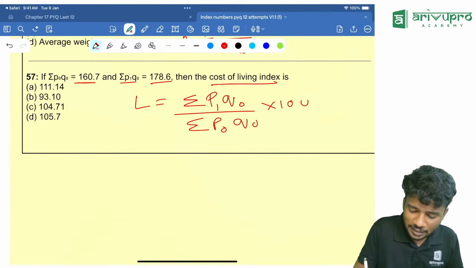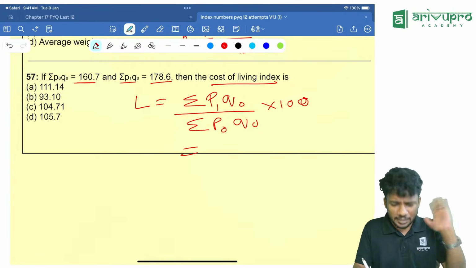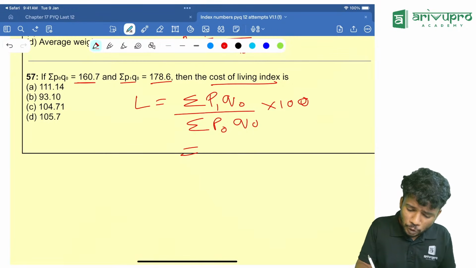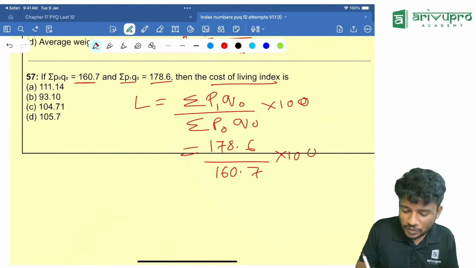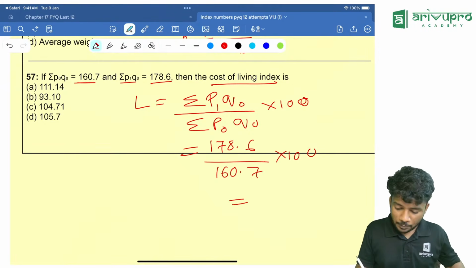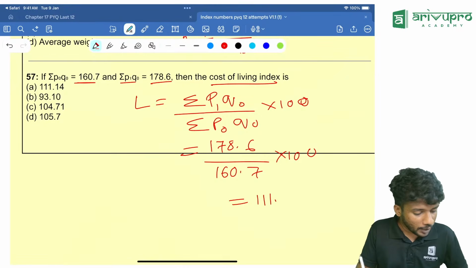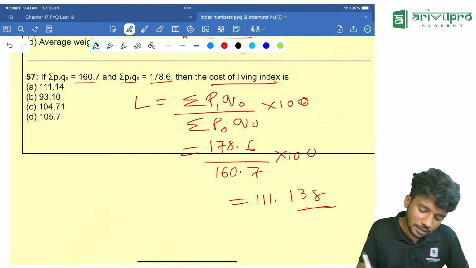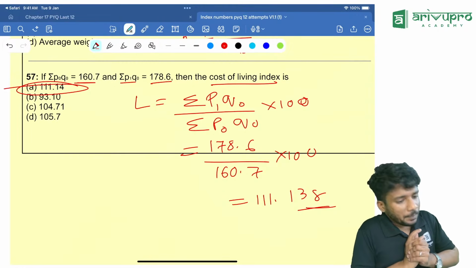Whatever is given, take that and do this method. Cost of living is based on that. So it is 178.6 divided by 160.7 into 100, which is equal to 111.138, etc. Option A is your answer, people.